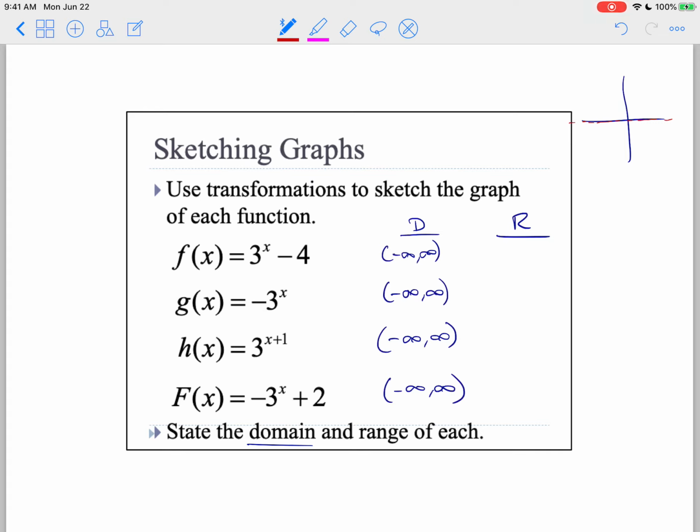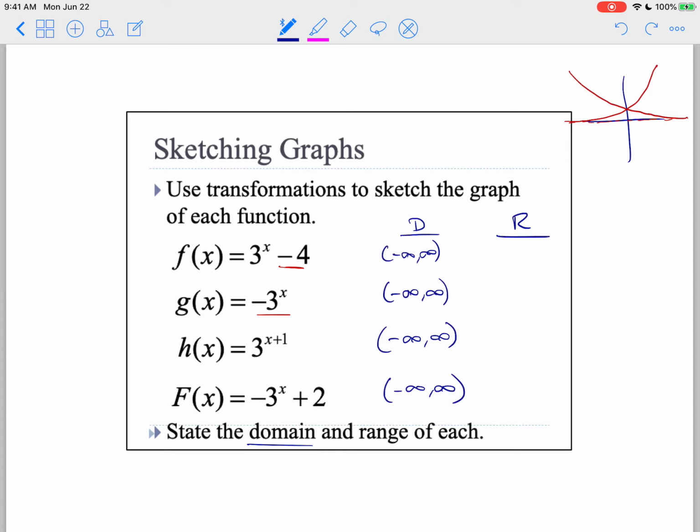Now the only way that's going to change, whether I'm growth or even if I'm decay, is if I have a vertical shift up or down. So on this first one, that line is going to get shifted down. So here, there's no shift. So the horizontal asymptote is going to be y equals 0.